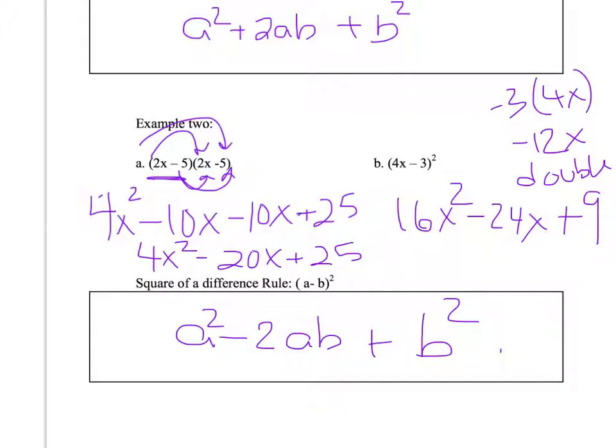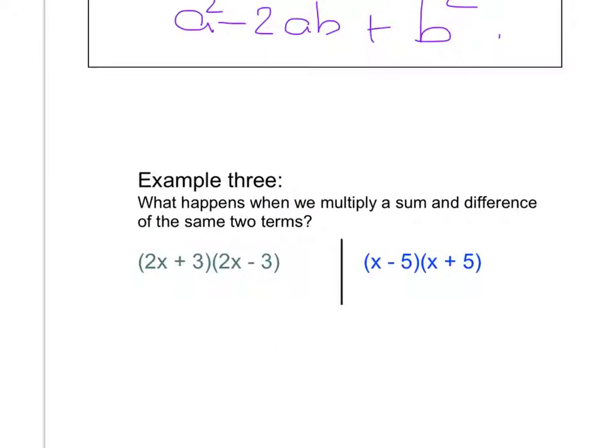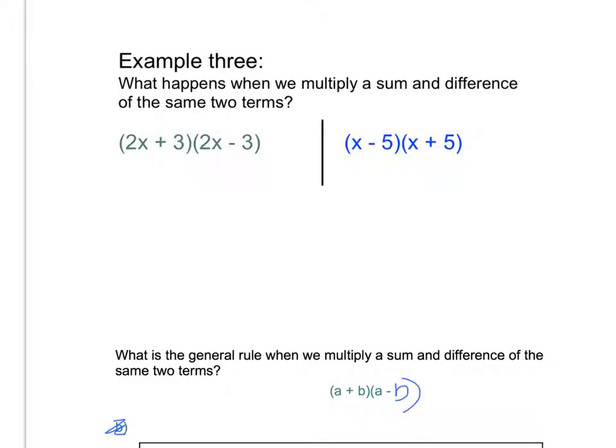Okay, last few examples. So these two are a little different. One's addition, one's subtraction. So when we're dealing with this, this is what happens. We're going to go 2x times 2x, 4x squared, 2x times negative 3, minus 6x.